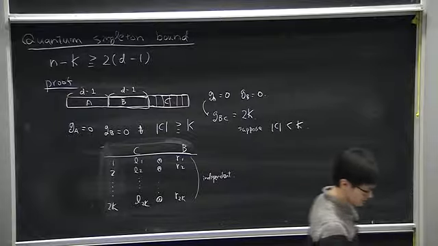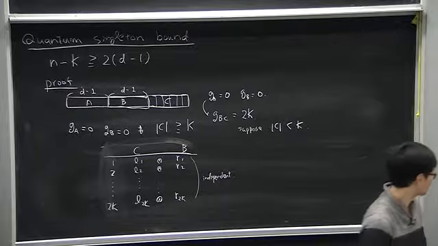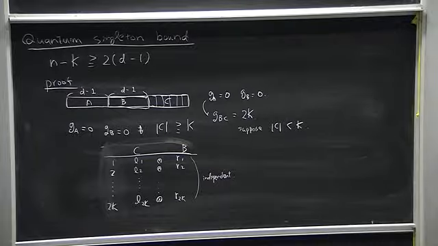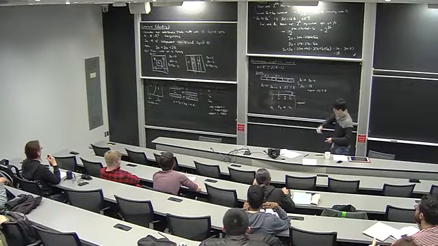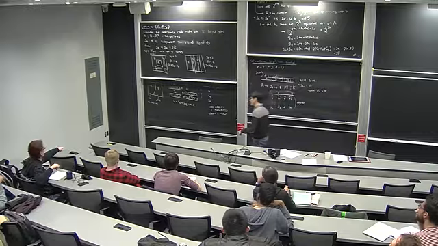I thought I had yellow somewhere before. Is there a blue piece over there? So this is blue. I don't know what happened to your yellow one. Yeah, I had yellow, right?